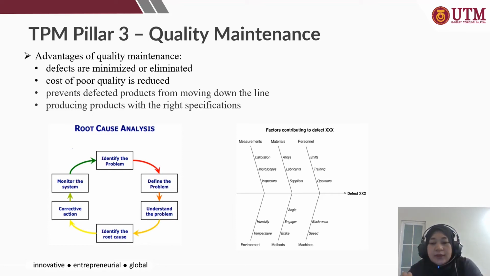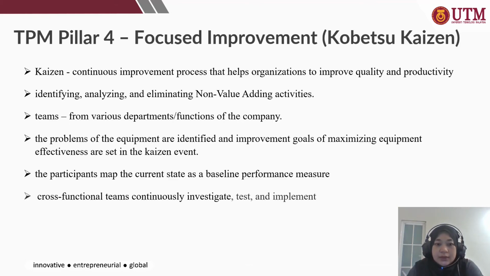So from that we can tackle the root cause of the problem, and then we can ensure the quality of the equipment. Okay, I move to TPM pillar 4, which is focus improvement or Kobetsu Kaizen.